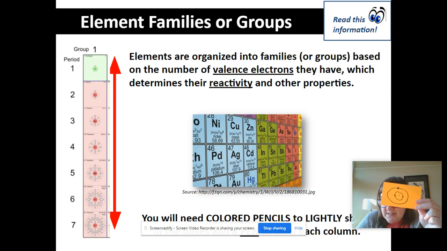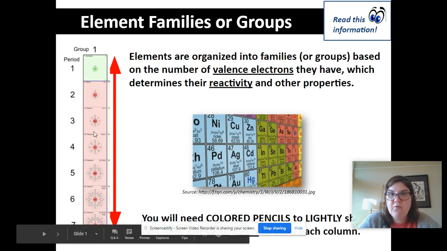I know it's lithium because it has 3 electrons, but you can see on the very outside, that's a valence electron. So since this only has 1 valence electron, it's going to go in group 1. Any element that has only 1 valence electron is going to go in that same group, okay?